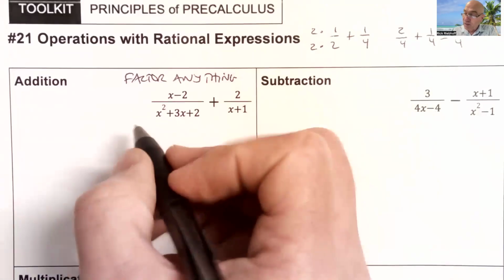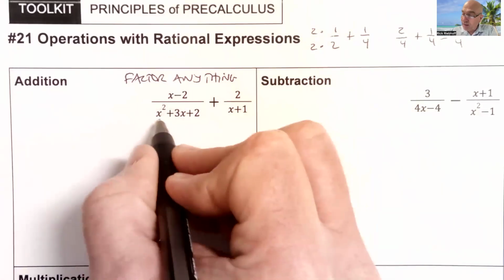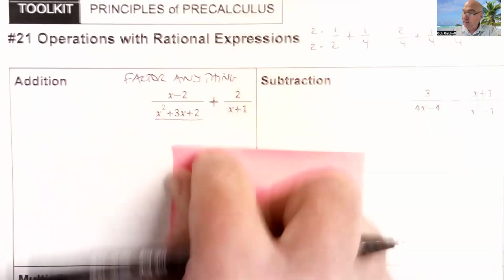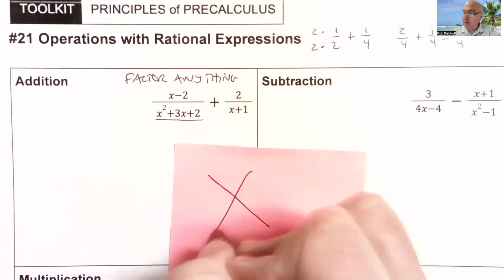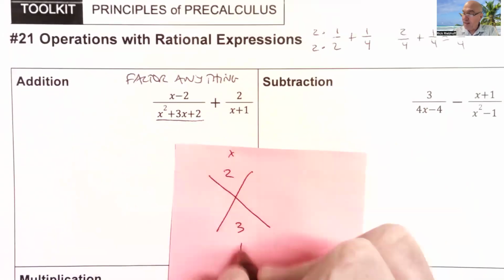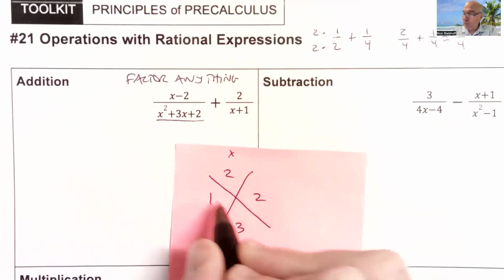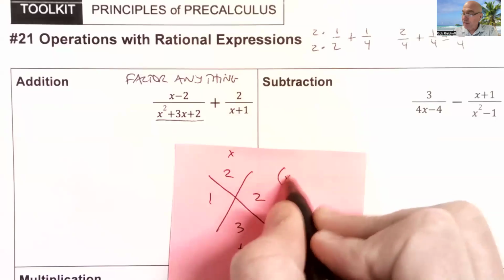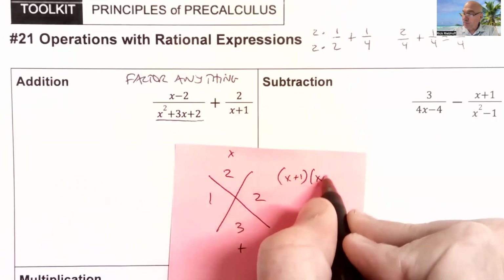Okie dokie. So let's factor this one right here. Okay, so that's factorable. I'm going to grab my handy dandy little pink sheet here. You could do this on the side, right? You could be like, okay, multiplies to be 2, adds up to 3. So multiply adds. That's got to be 1 and 2. 1 times 2 is 2. 1 plus 2 is 3. So this has to be x plus 1, x plus 2.